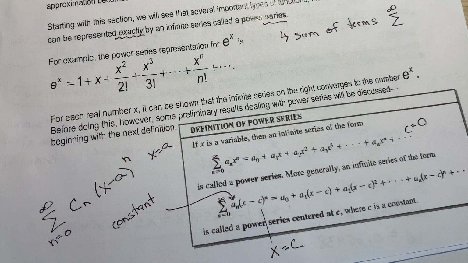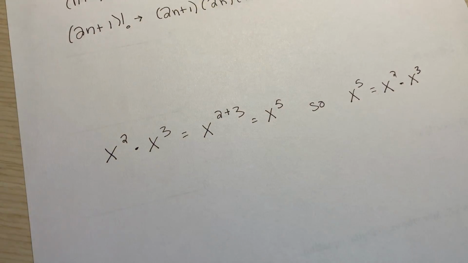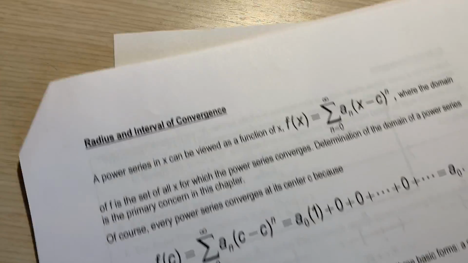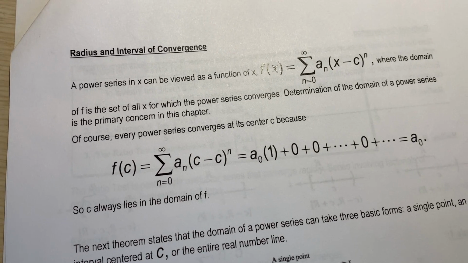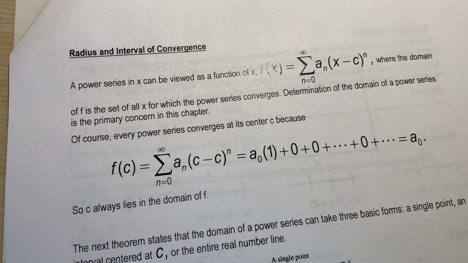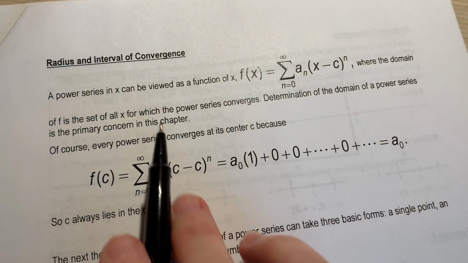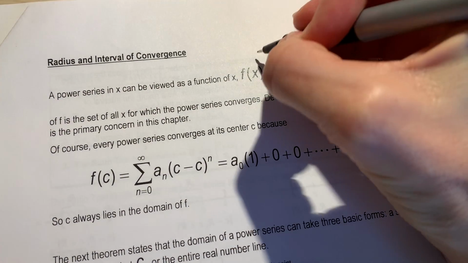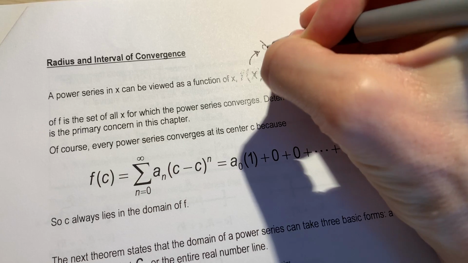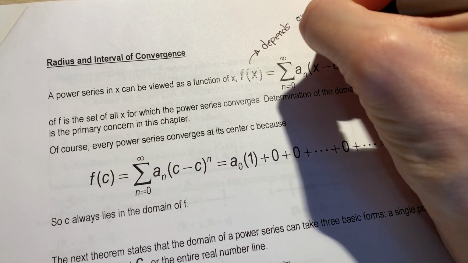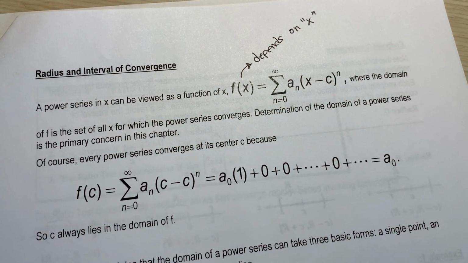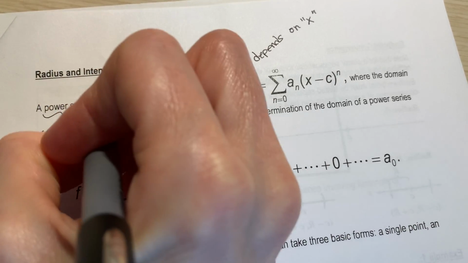Okay, flipping over. This is what we're getting to next: radius and interval of convergence. This is just reminding you that a power series is a function that depends on x. Whenever we have a power series, we're going to have an x in there.